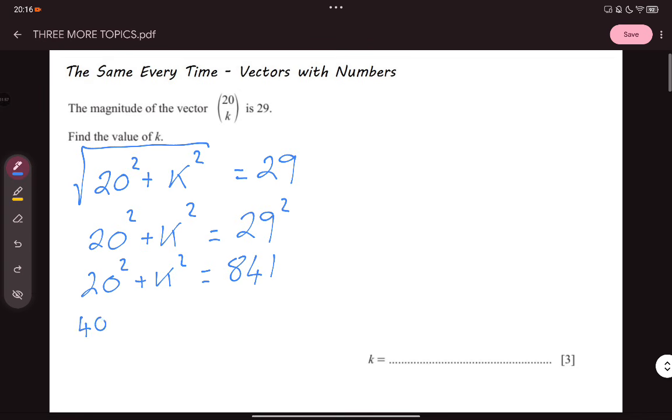So 400 plus k squared is 841. In that case, 400 plus 441 would be 841, so k squared must be 441.